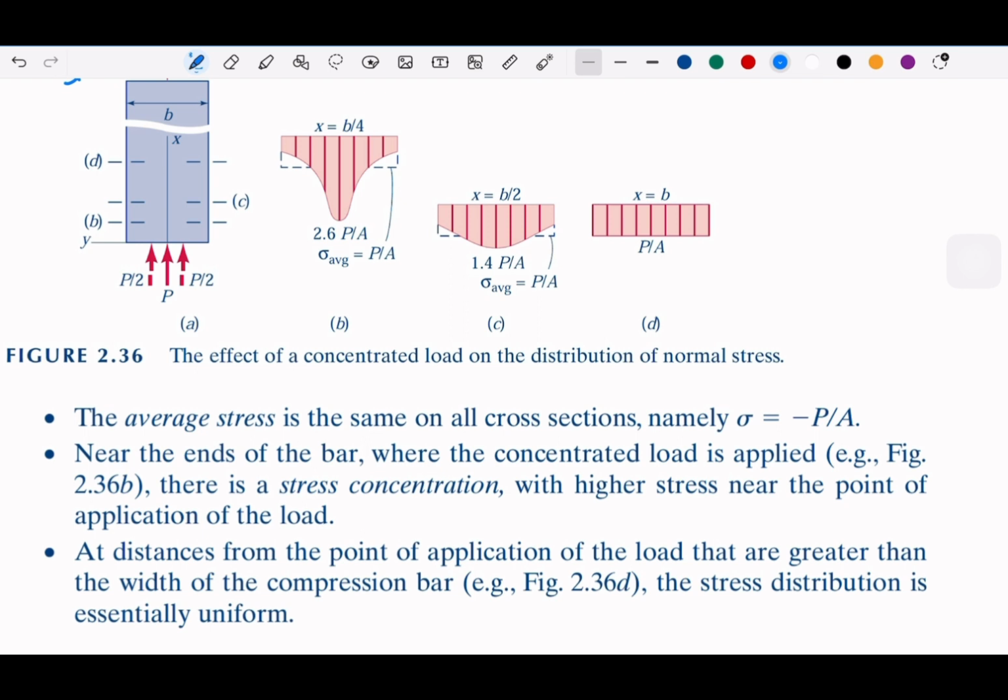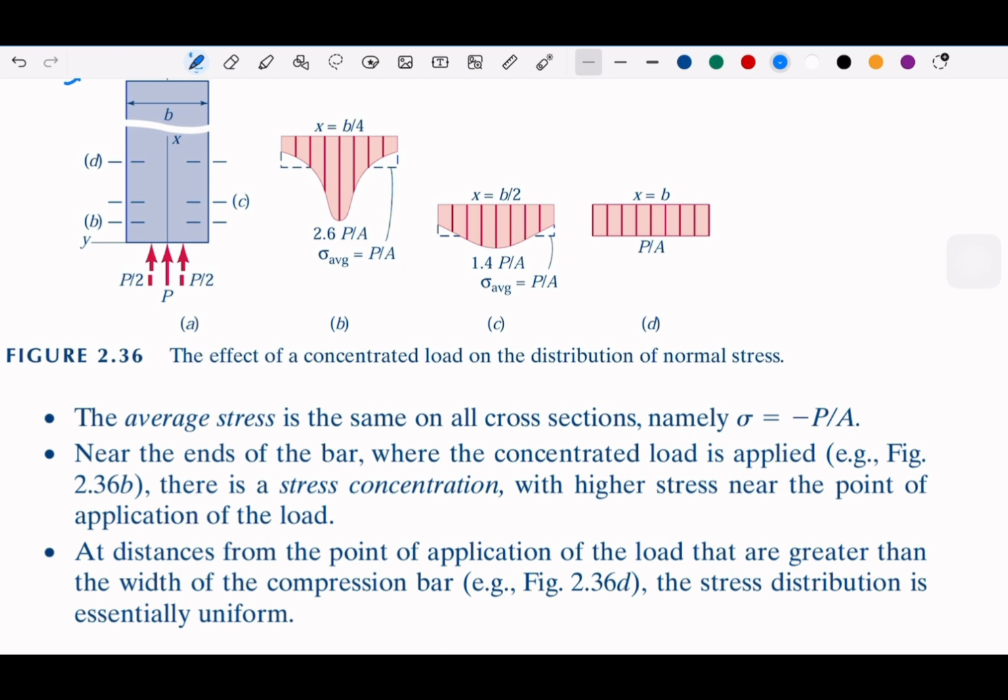And then if we take far away, so let's say this is at B over 4, which means this is going to be in the center. So this would be B, and that is the distance B over 4. So it's not this.